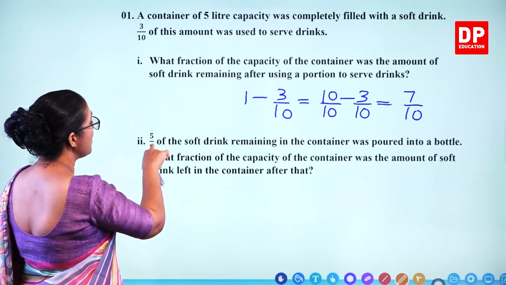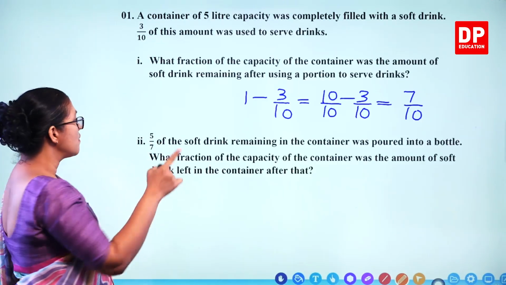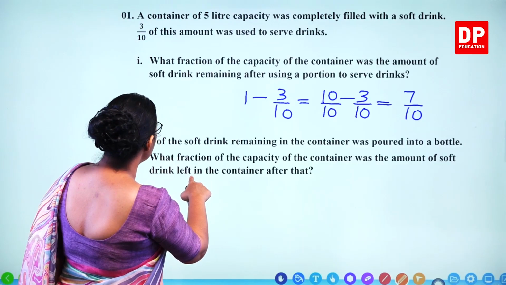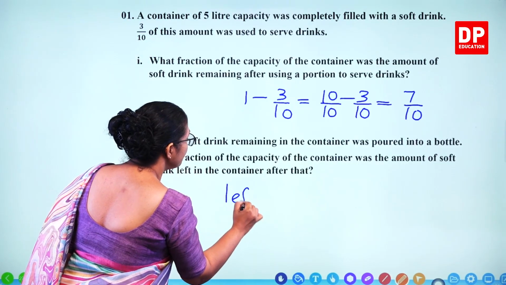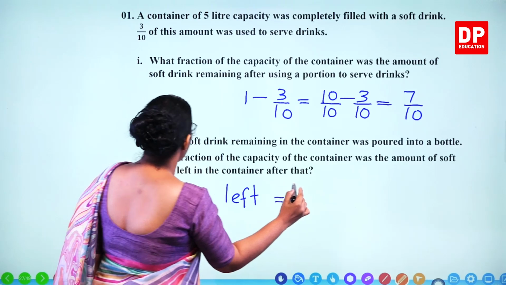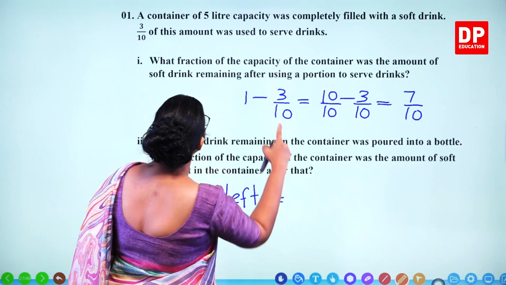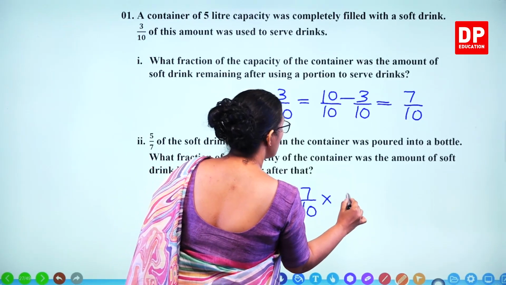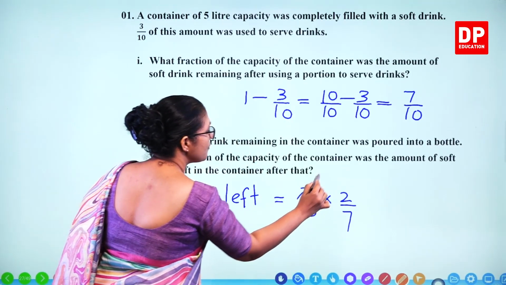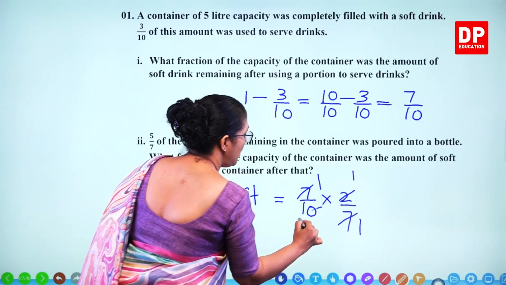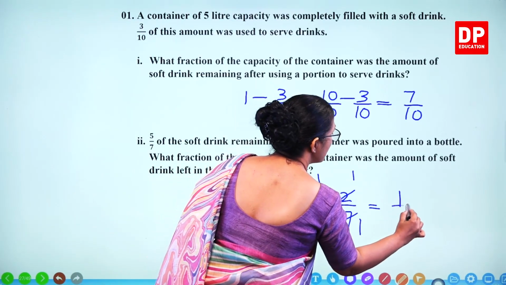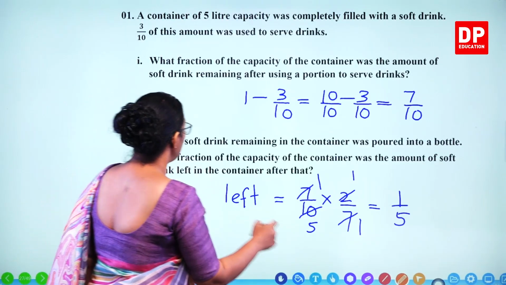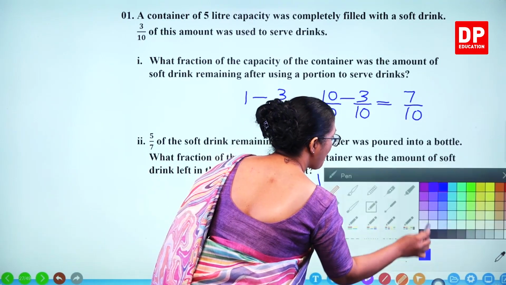So you can multiply by 2 sevenths, not 5 over 7. 7 over 10 is remaining. From that, 2 sevenths. 1, 1 and 5. 1/5 left in the container after that.